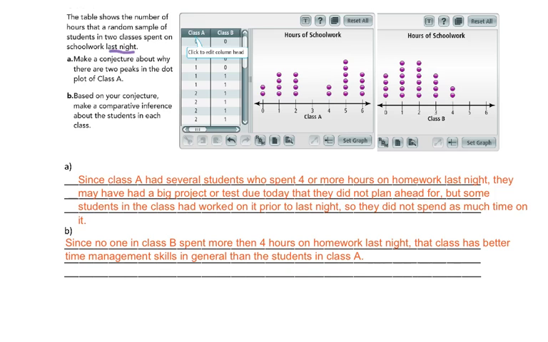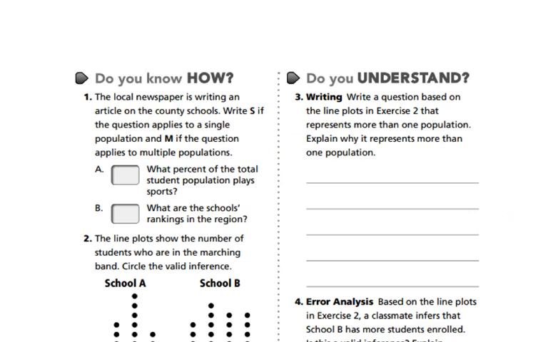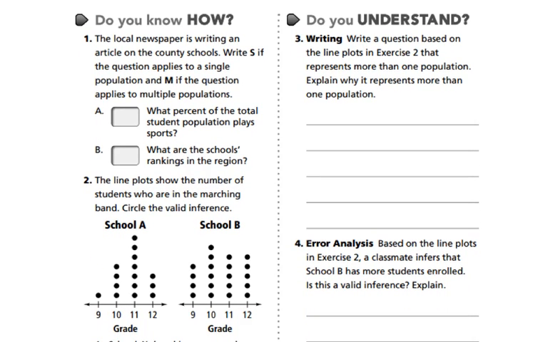All right, let's take a look at the next one. This is where you're doing it on your own, and you are going to put your answers down on paper, and then after that you're going to put it into a Google form.